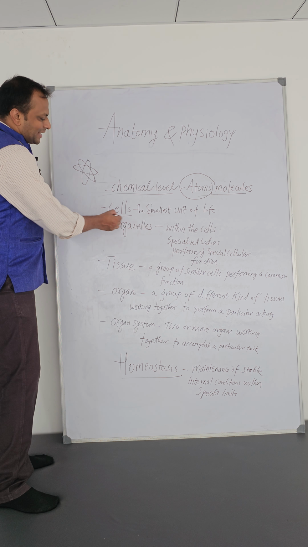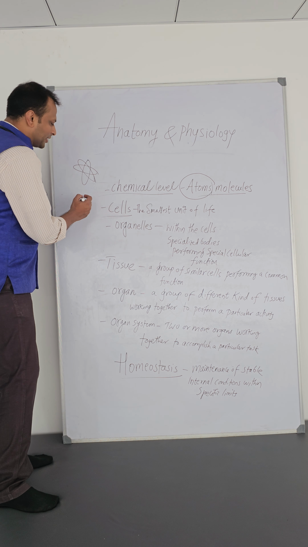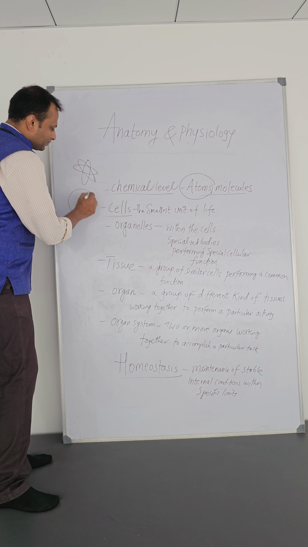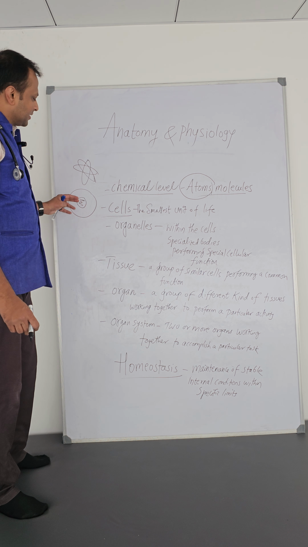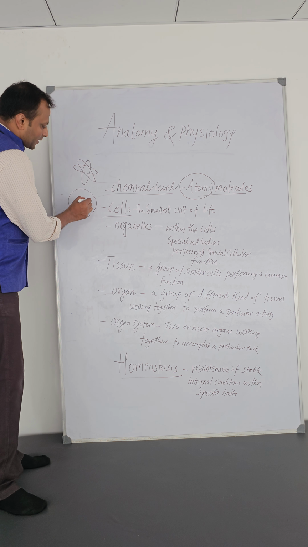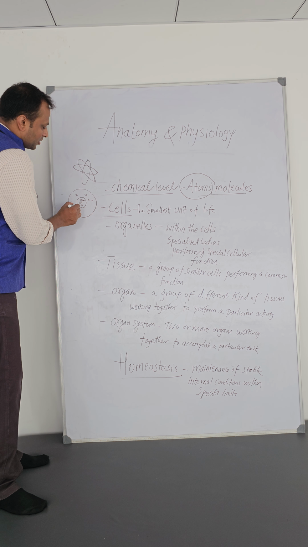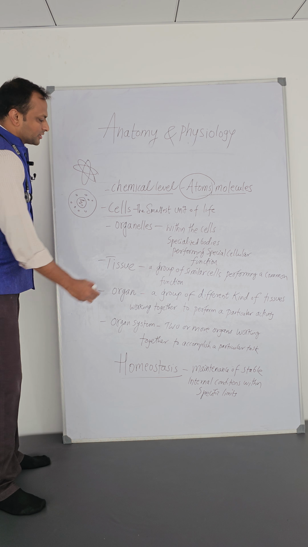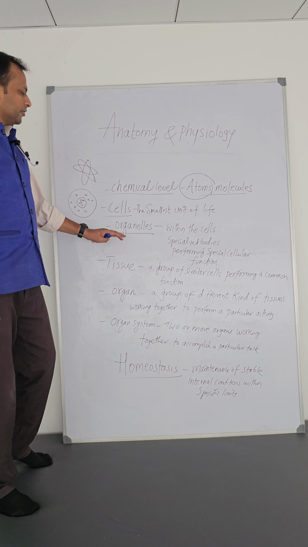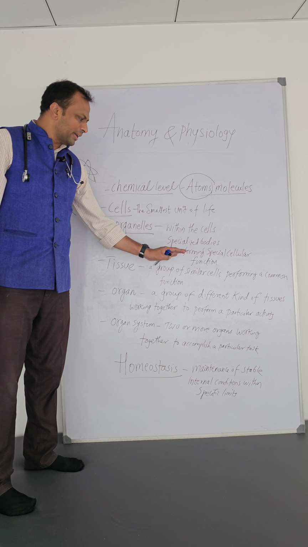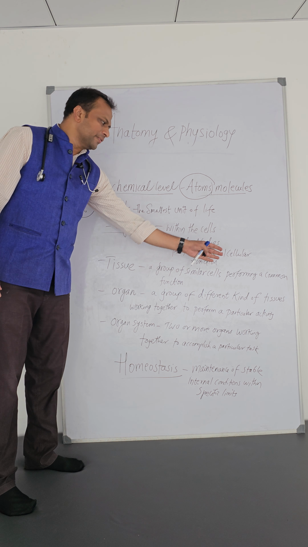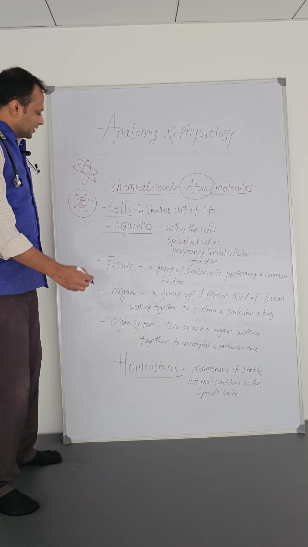And the cell is the smallest unit of a living organism. Cell has its components of a nucleus and other components called organelles, which are within the cells. There are specialized bodies which perform a specific cellular function.